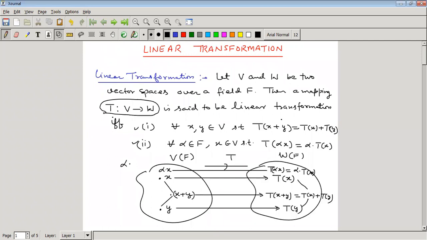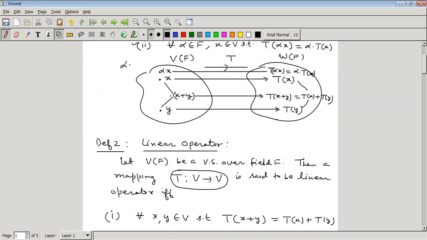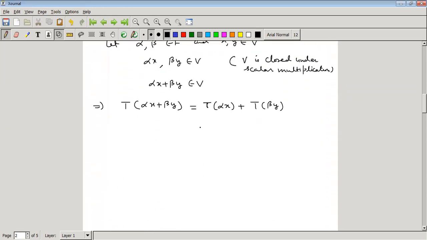Now T of alpha x is alpha times Tx, since it satisfies the second condition. Similarly, T of beta y, beta is a scalar, so we can write beta times T of y. So we get the result.